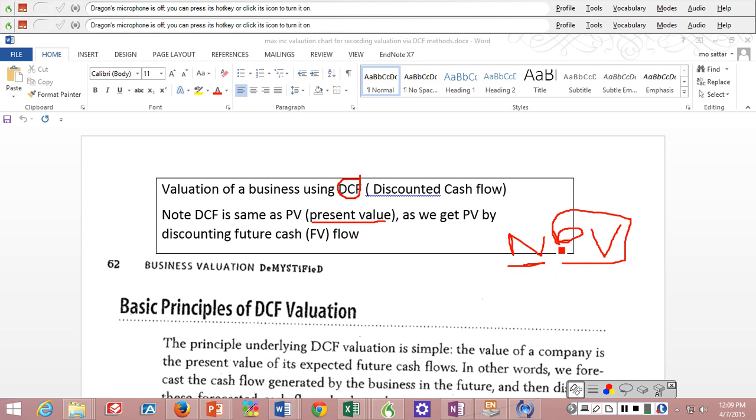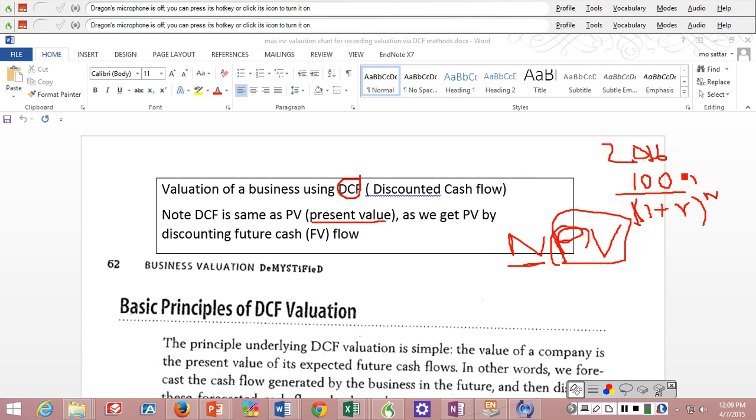And if you recall, the way we were doing the present value is if we were looking at, let's say, the year 2016, and we had, say, $100,000, and we want to know what it is worth today, we would divide that by (1 plus R), where R is the discount rate, raised to N, depending upon how far 2016 is from the current year.